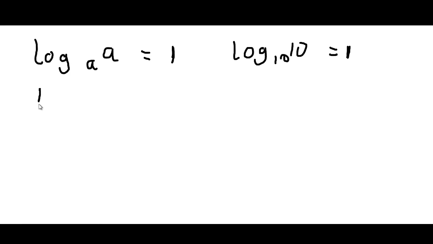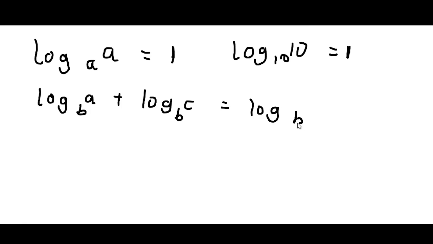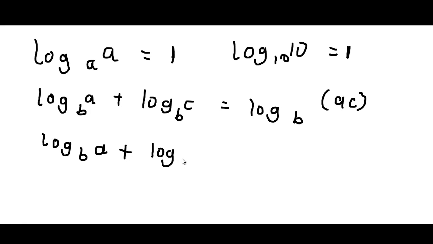The second one is the log of a base b plus log of c base b. It implies that the answer will be log base b of a c. So what about log base b a minus log c base b?